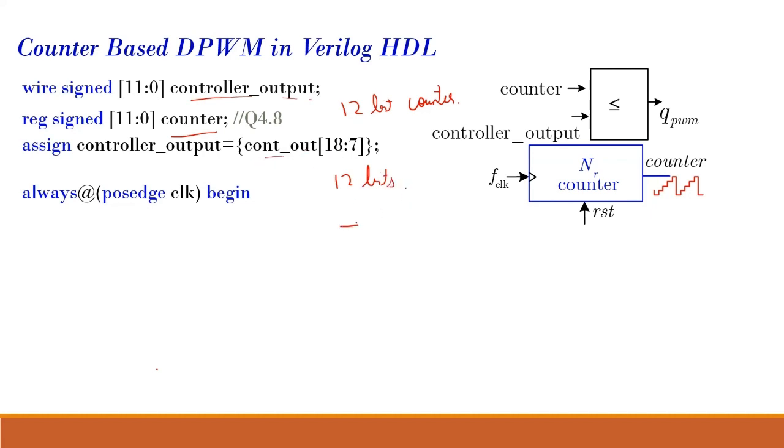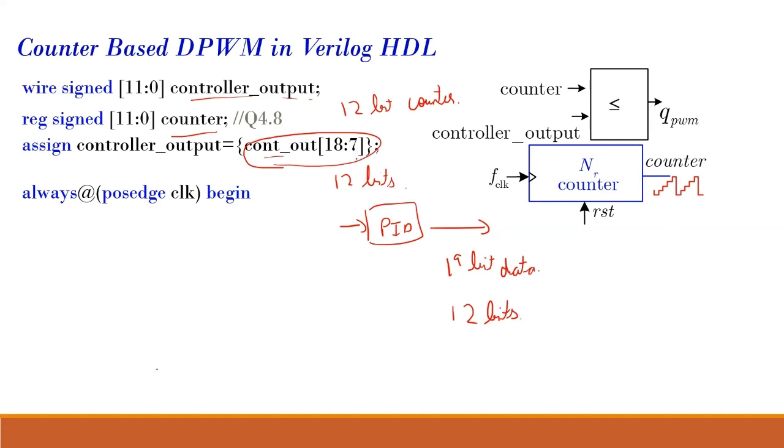If you remember, the PID controller generates 19-bit data, but I don't want these 19 bits. I just want the initial 12 bits. So what I'm doing is using this thing, 18:7.